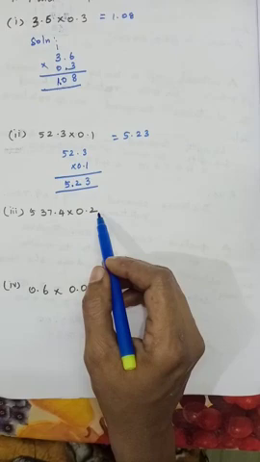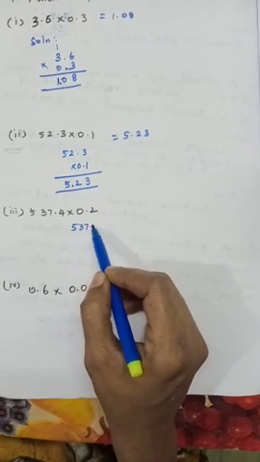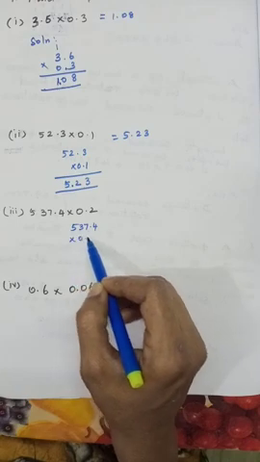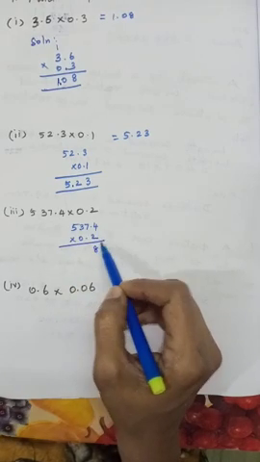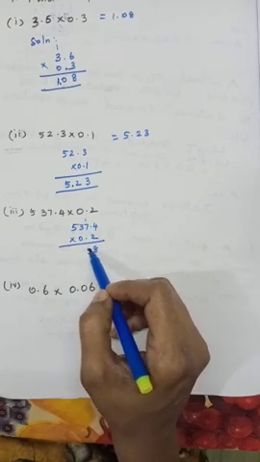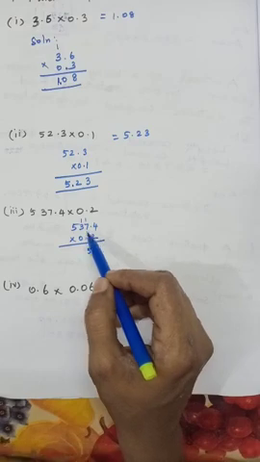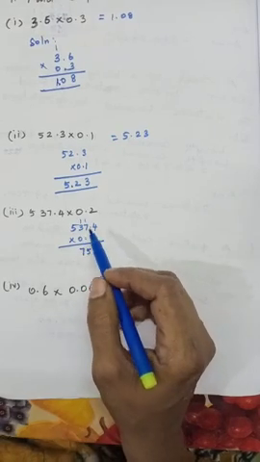537.4 into 0.2. By 2 you have to multiply. 4 2s are 8. Remainder 1. 7 2s are 14 plus 1 is 15. 5. Remainder 1. 3 2s are 6. 6 plus 1 is 7. Okay.